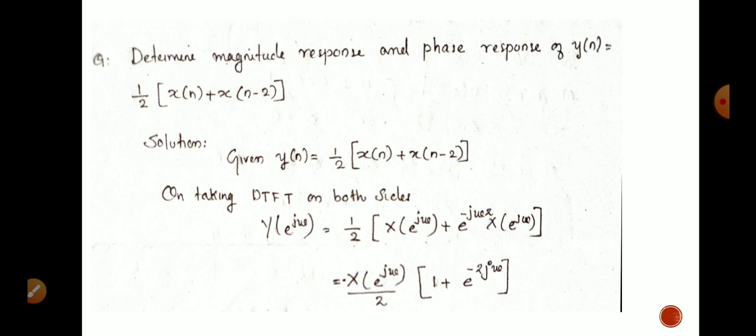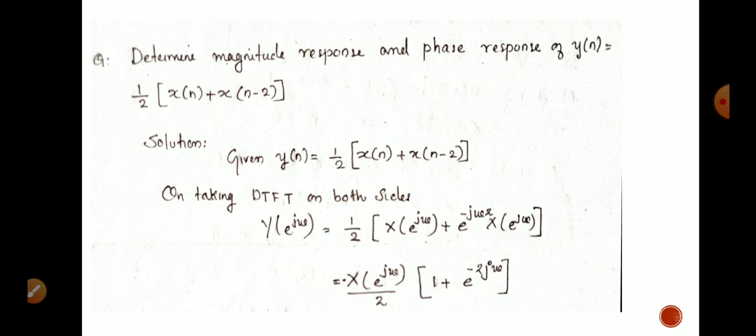By taking the discrete time Fourier transform on both sides of this differential equation, we can write it as Y of e raised to j omega equal to 1 by 2 into X of e raised to j omega plus e raised to minus j omega 2 into X of e raised to j omega.